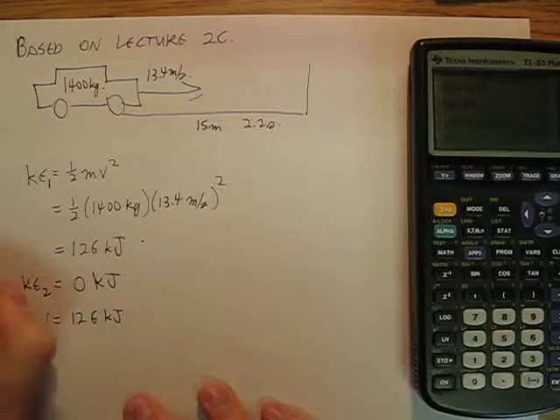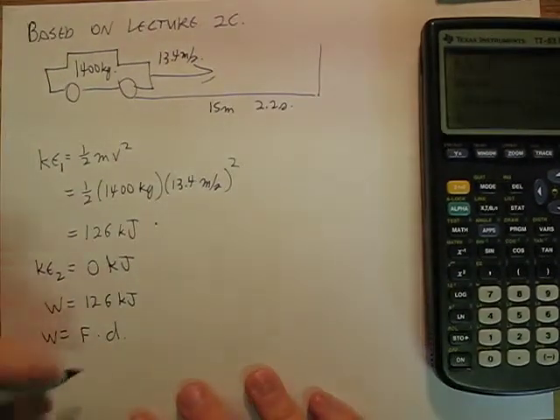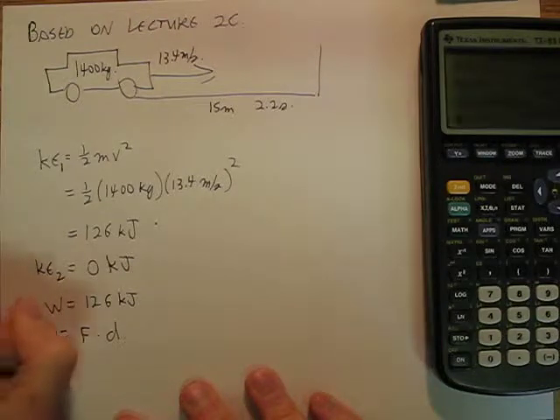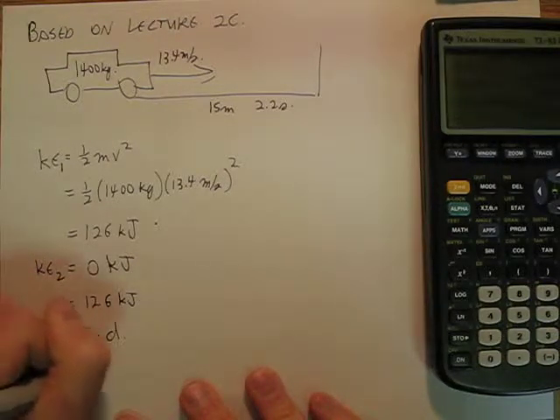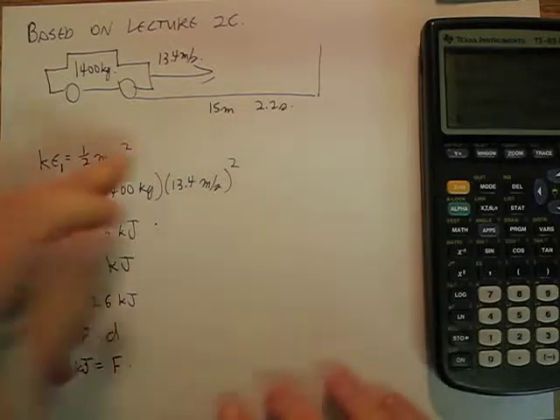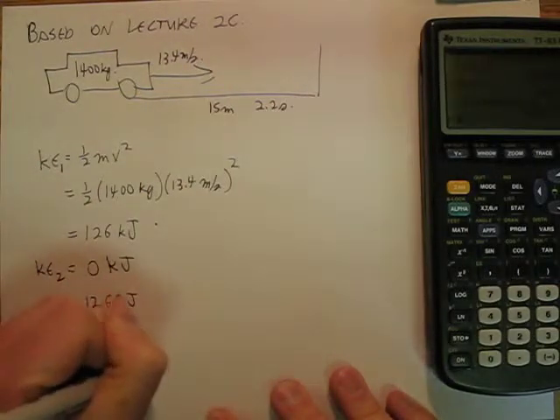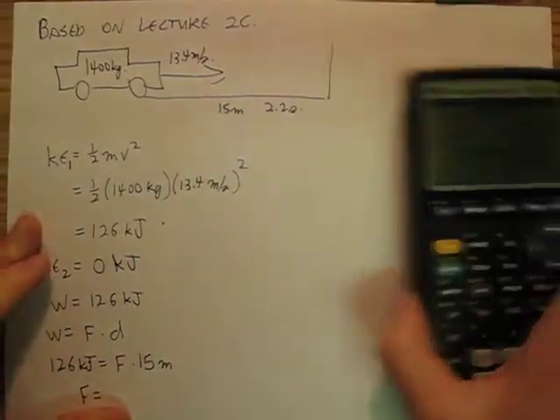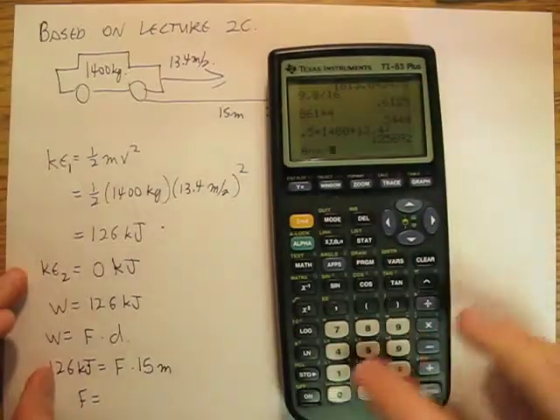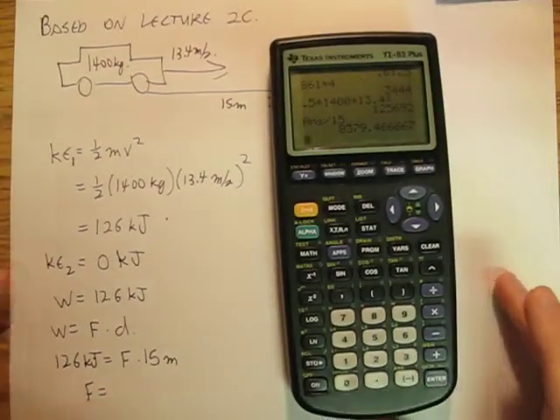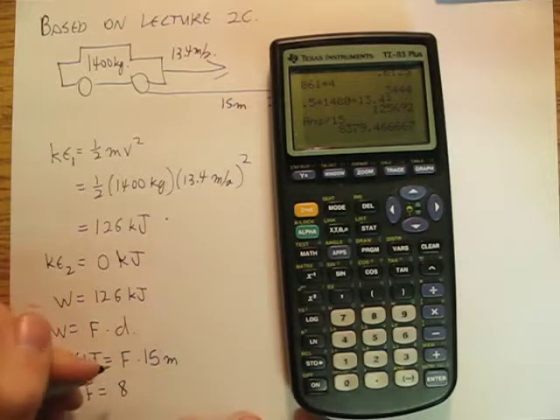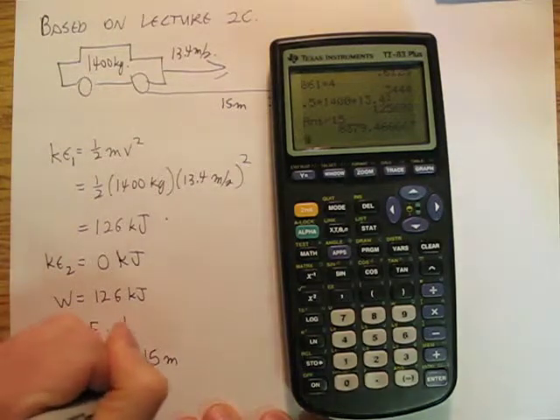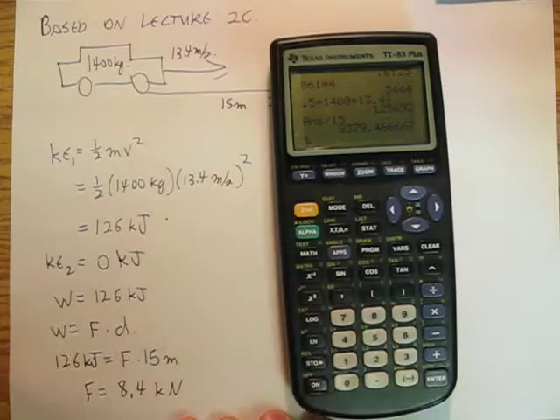Well, work is force times distance, and so I can say that 126 kilojoules is equal to some force over 15 meters, and so I find that that force is going to be 8.4 kilonewtons.